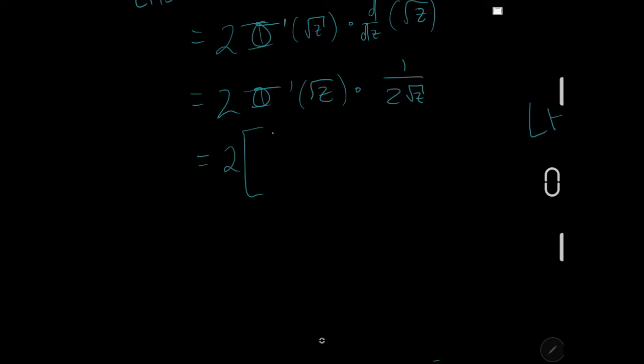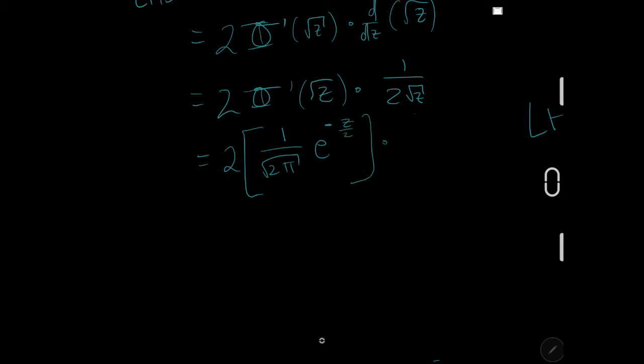So this is going to be equal to 2 times, well, we need to have the standard normal PDF. So this is 1 over the square root of 2 pi, multiplied by e to the minus something squared over 2, but remember we're evaluating it at the square root of z, so when we take the square root of z and square that, that's going to be equal to just z over 2.